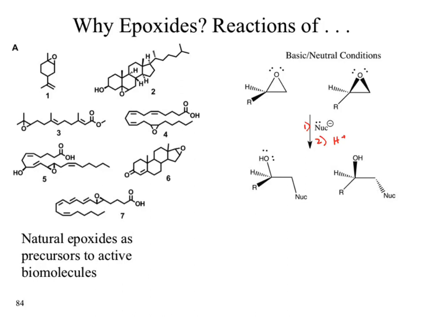Notice where the nucleophile is located. It's located on the least sterically hindered side of the epoxide. The alcohol is on the most substituted side. All of this has to do with the epoxide not really being ready to break open. So the nucleophile being strong dictated the chemistry. When do we have a strong nucleophile?